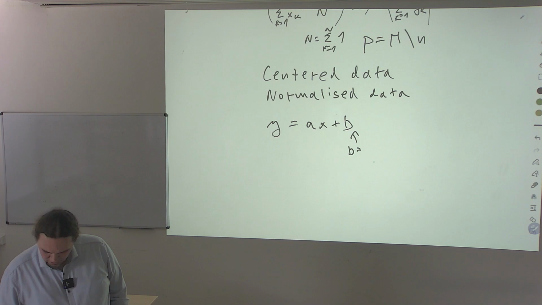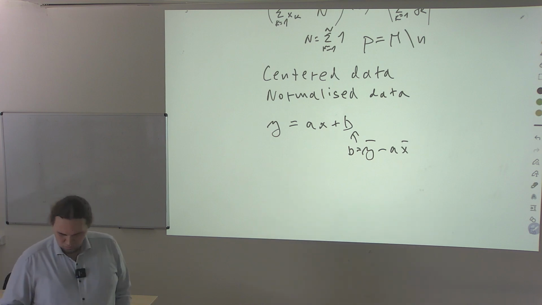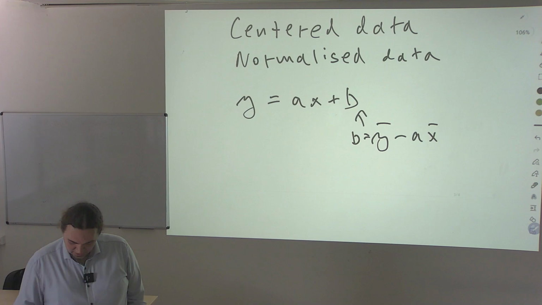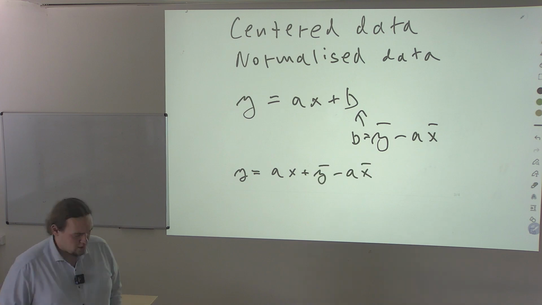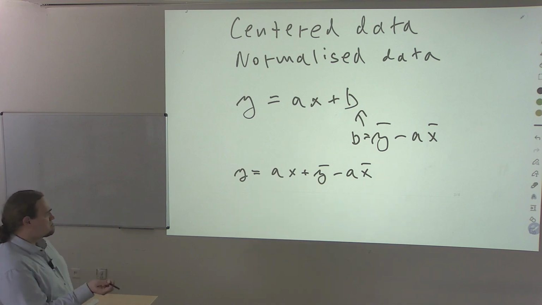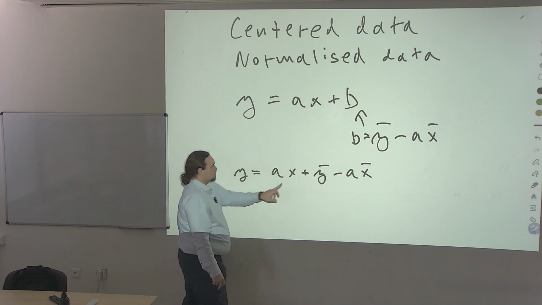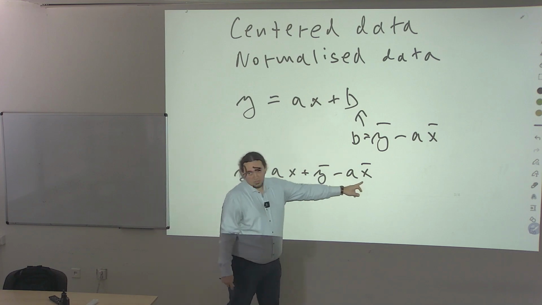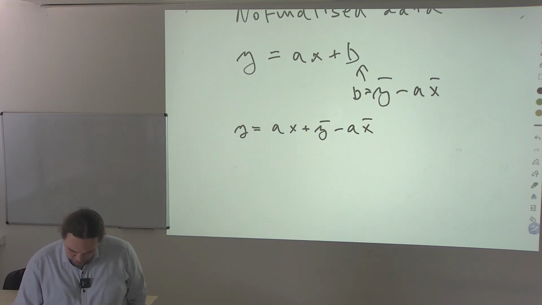So let's write it again: the mean of the y's minus a times the mean of x's. Okay, so let's plug this in and see what we get. So a times x plus y bar minus a x bar. Okay. It seems that we can make friends of the terms with y and the terms with x. So let's just put the y bar on the left hand side.